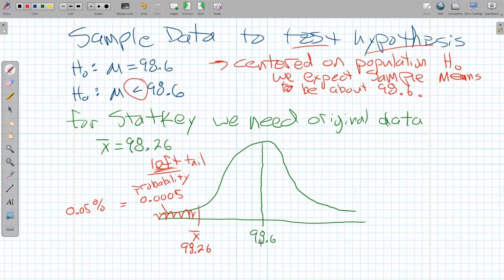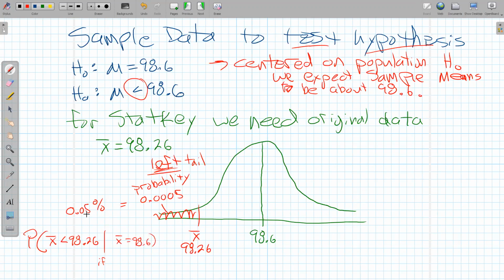This is one of those conditional probabilities that we were looking at back in the probability chapter. So I'll do this in probability notation, and then I'll put it in English to the best of my ability. So we just calculated in StatKey the probability of finding a sample mean that is smaller than 98.26 when we were expecting, and so usually I put a vertical bar, in the textbook they often put an if, here, if we were expecting the mean to be 98.6.